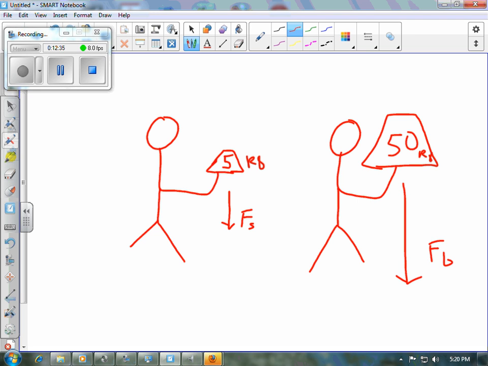And as far as I know, there is no explanation for the equivalence principle. But anyway, leaving that aside, the acceleration due to gravity is the same for all objects. For smaller objects, the force due to gravity is smaller. For bigger objects, the force due to gravity is bigger in proportion. Hence, all things fall at the same rate.